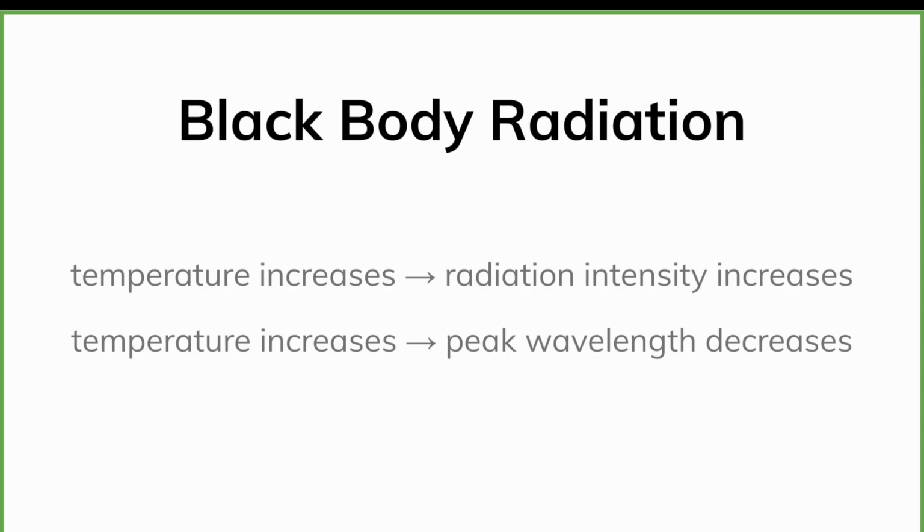So these are the key things to note from that graph. As the temperature increases, the radiation intensity increases. And that can be explained because the particles have more kinetic energy, they're vibrating more, they emit more radiation, the higher energy radiation. Also, as the temperature increases, the peak wavelength decreases. So they're inversely proportional to each other.